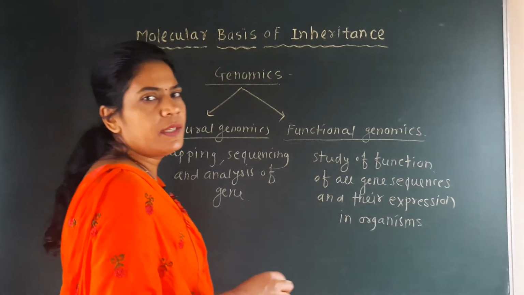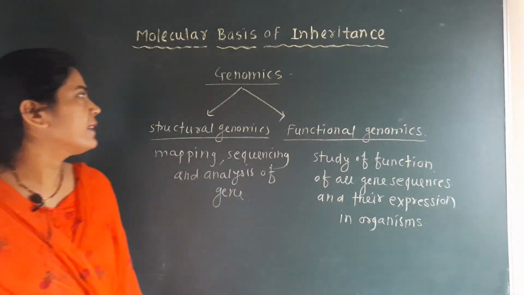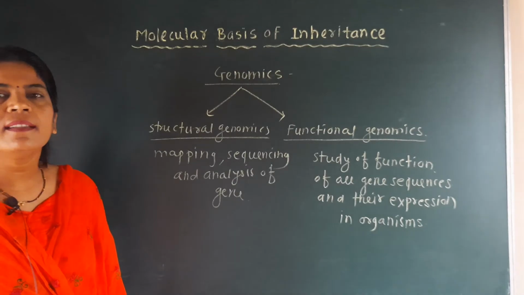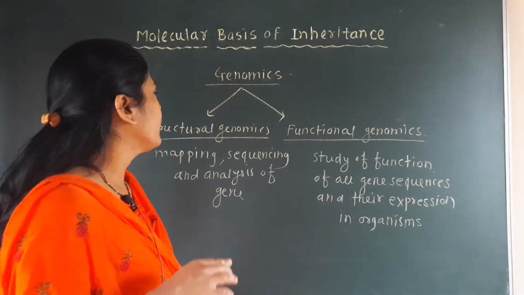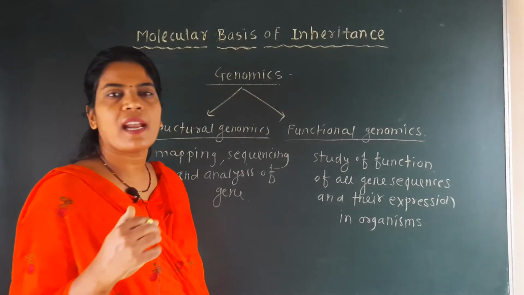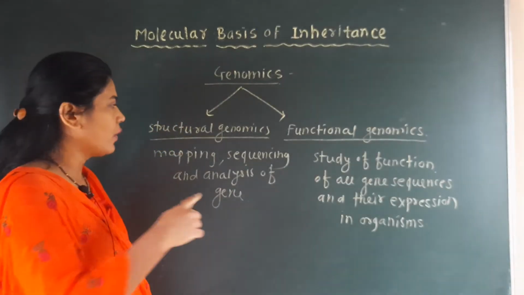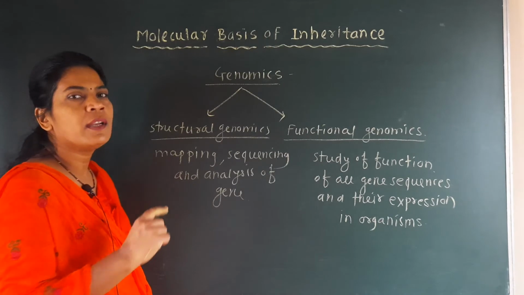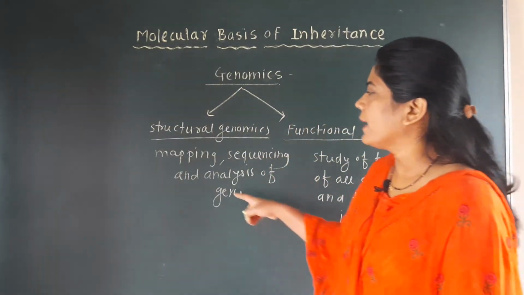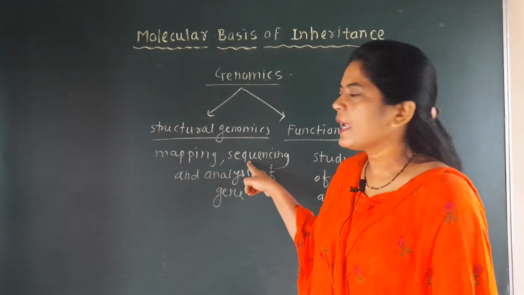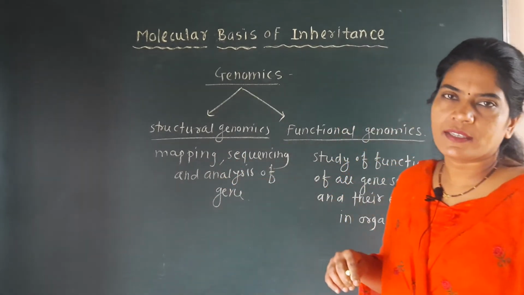Okay, see, the most important point here is that genomics has two important branches: one is called structural genomics and the other is called functional genomics. Structural genomics means the structure of that particular genome is studied by mapping, sequencing and analyzing the genes.